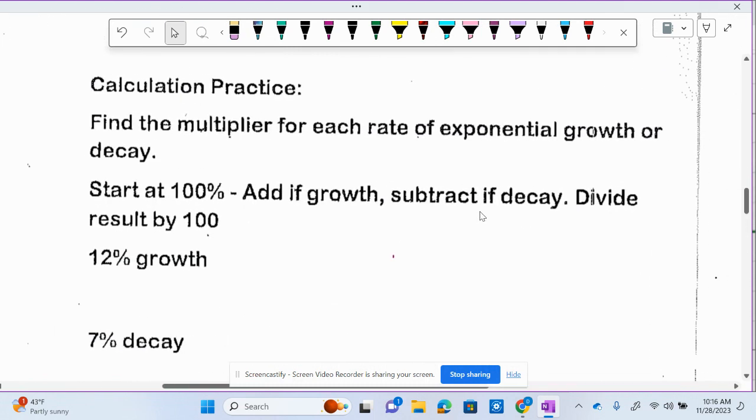All right, so I'm going to leave that up there for a second. Let me get the next page ready.